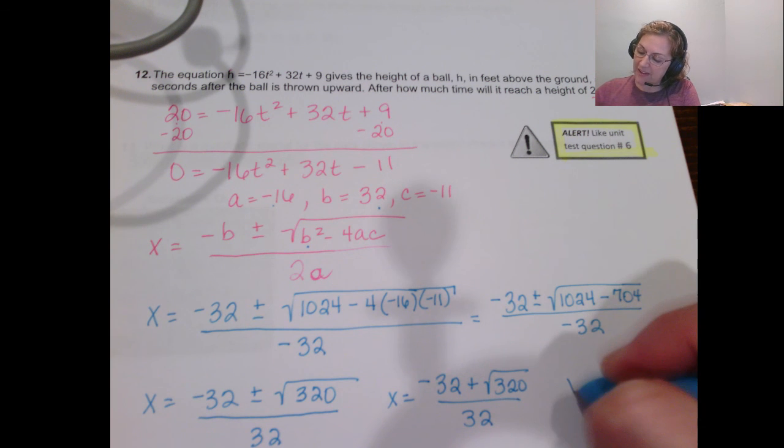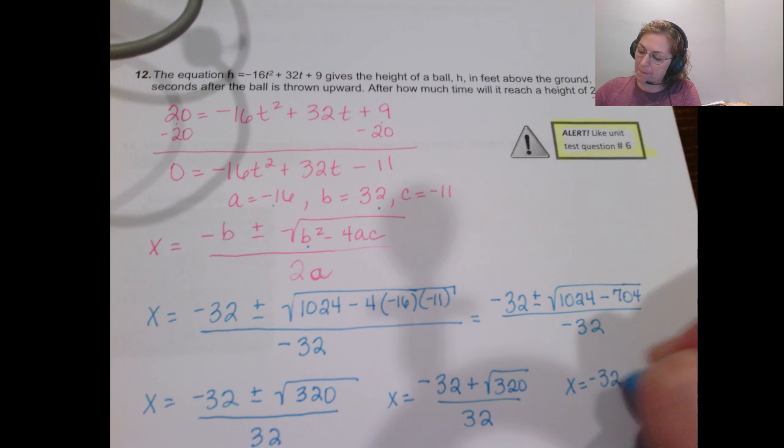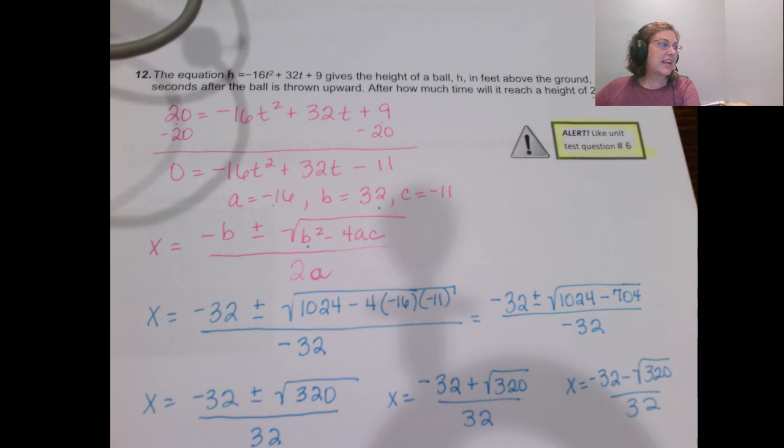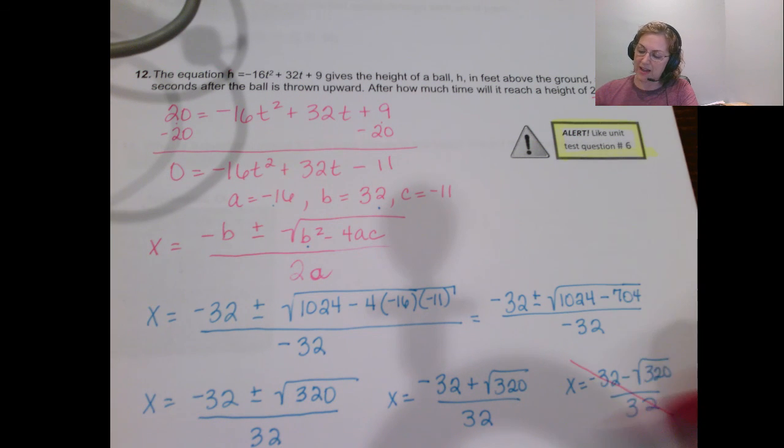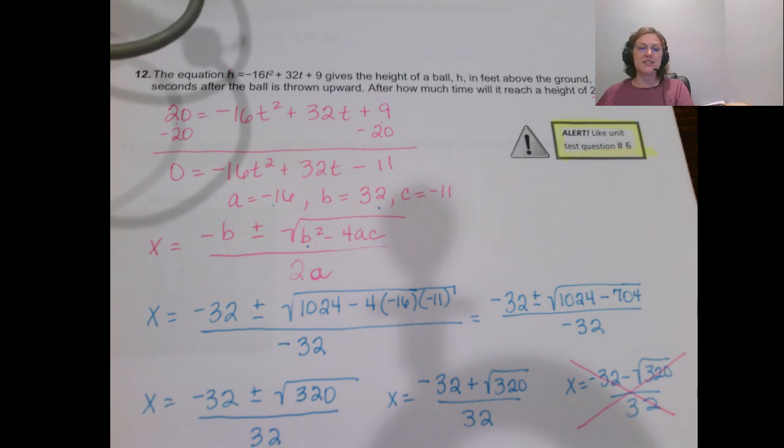And then I'm going to have x equals negative 32 minus the square root of 320 over 32. Now take a look at this second one. You're going to have a negative number on top. So I'm going to tell you right now, you cannot have a time that is negative. So I know that is not a solution. So I'm going to punch that in my calculator and I'll have my time when this object hits 20 feet.